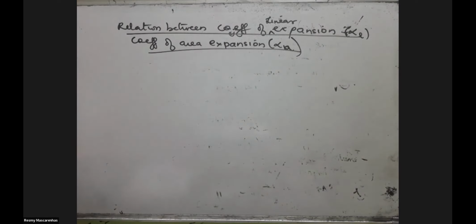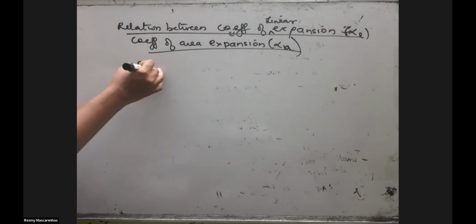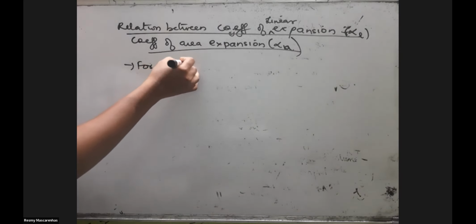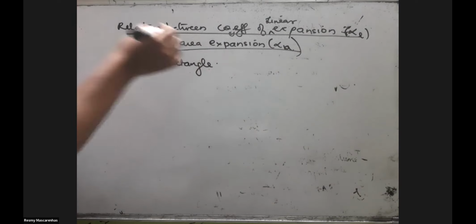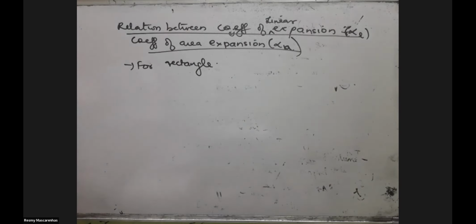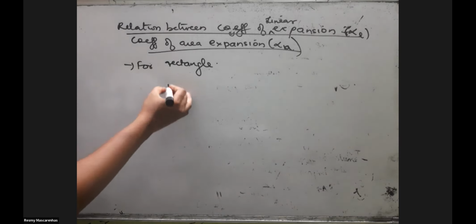In the textbook they have given it for a rectangle, so we'll assume it to be a rectangle only and solve. We are doing it for a rectangle. So just draw the diagram.